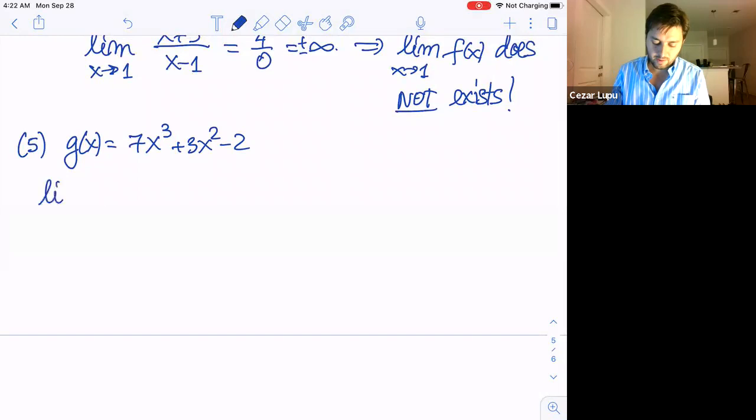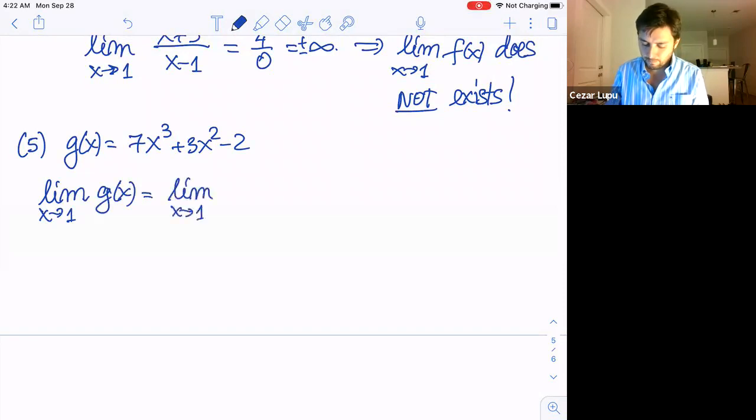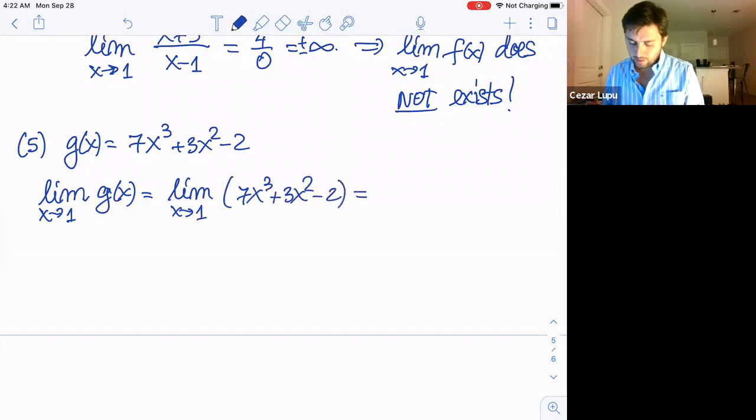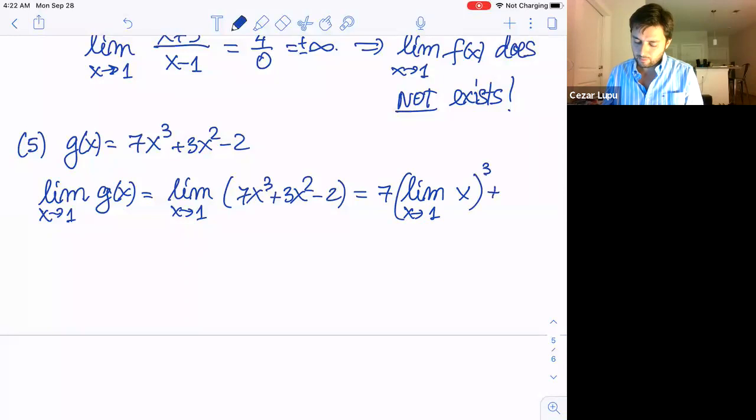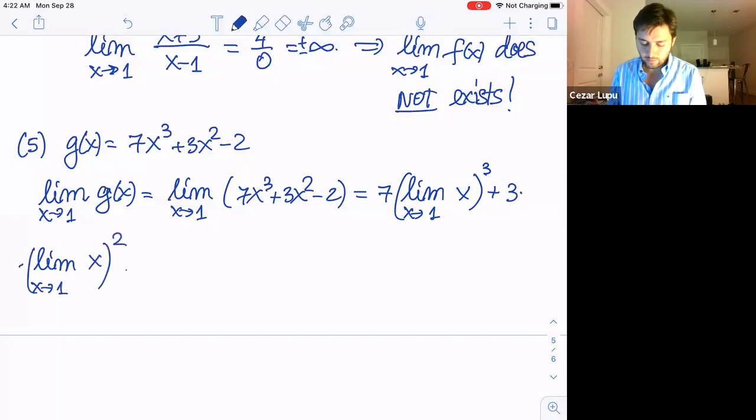Well, it's quite clear that the limit as x approaches 1 of g of x is the same as the limit of 7x cubed plus 3x squared minus 2. If we apply the properties of limits of functions, this will be nothing other than 7 times the limit as x approaches 1 of x, everything cubed, plus 3 times the limit as x approaches 1 of x, everything squared, minus 2.